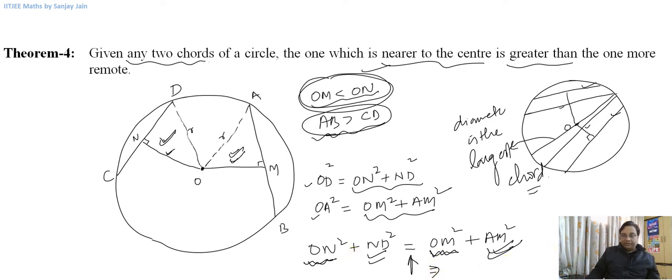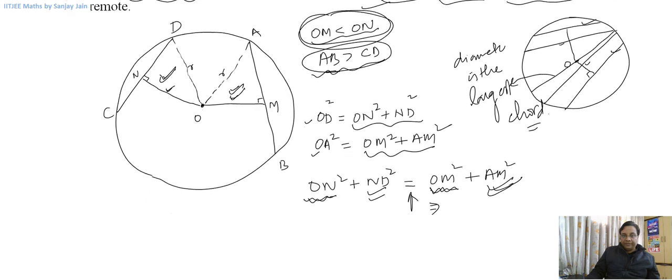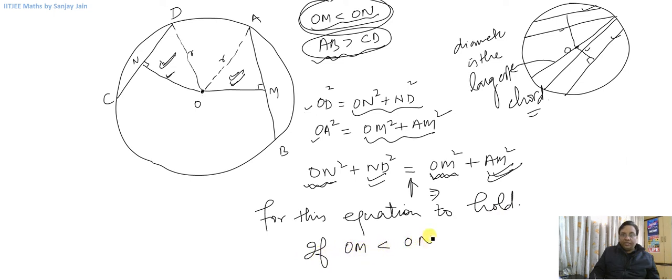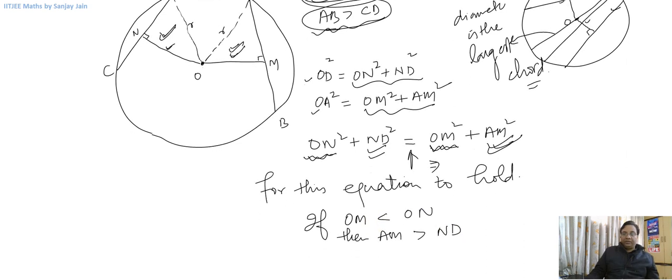Hence, for this equation to hold, if OM is less than ON, then AM should be greater than ND. And what is AM?